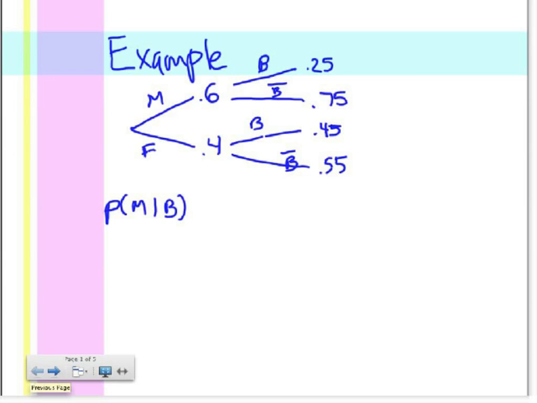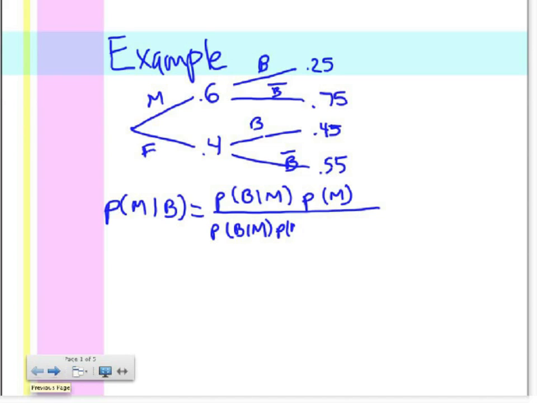So in order to do this, we can simply use Bayes' theorem, and let's write that out real quick. That would be the probability of B given M multiplied by the probability of M, over the probability of B given M multiplied by the probability of M plus the probability of B given not M. Or in this case, since we have only two variables, we can erase this not M and write women or females times the probability of a female.